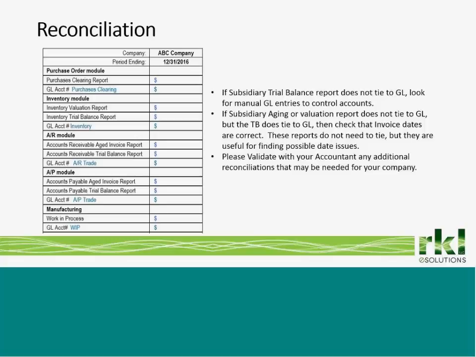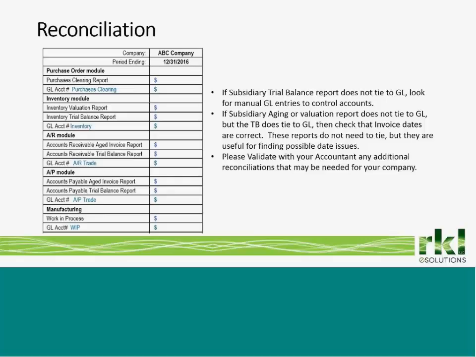So if you run an AR aging report and an AR trial balance and they're different, oftentimes it just means that the date of the invoice was different than the date it got posted to the general ledger. It doesn't mean that it's wrong, but it can alert you if somebody accidentally dated something incorrectly, which happens a lot at the beginning of a new year.